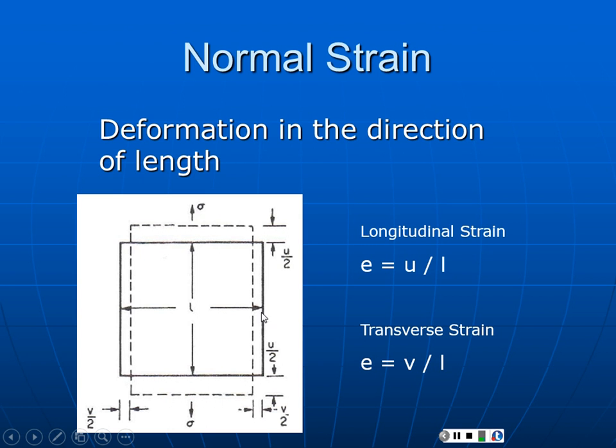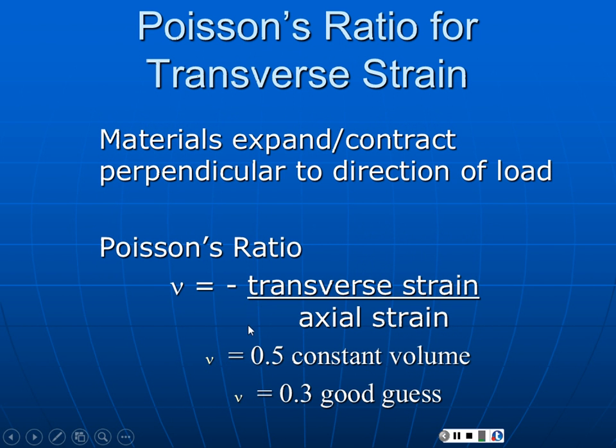Here it's shrinking, so the change in length is negative. So this is a compressive type strain. It's a negative strain. So these two will always, or almost always, have opposite signs anyway. For normal materials, materials that don't violate laws of continuity and energy conservation, those two strains should have opposite signs. So the definition includes a negative sign, so that we end up with Poisson's ratios being positive for ordinary materials.